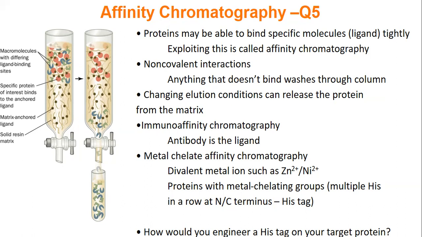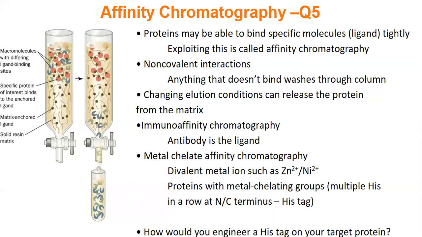The other way to do affinity chromatography that's popular is by using metals, metal chelate affinity chromatography. The idea of this is you have a column full of divalent metals. Zinc is usually used, but nickel's also a very popular choice.